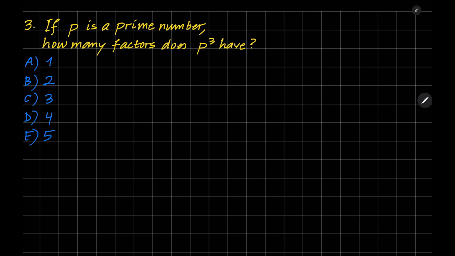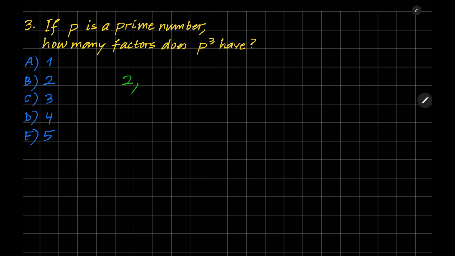Question 3. If p is a prime number, how many factors does p cube have? The answer must be true for any value of p. So plug in an easy prime number for p, such as 2.